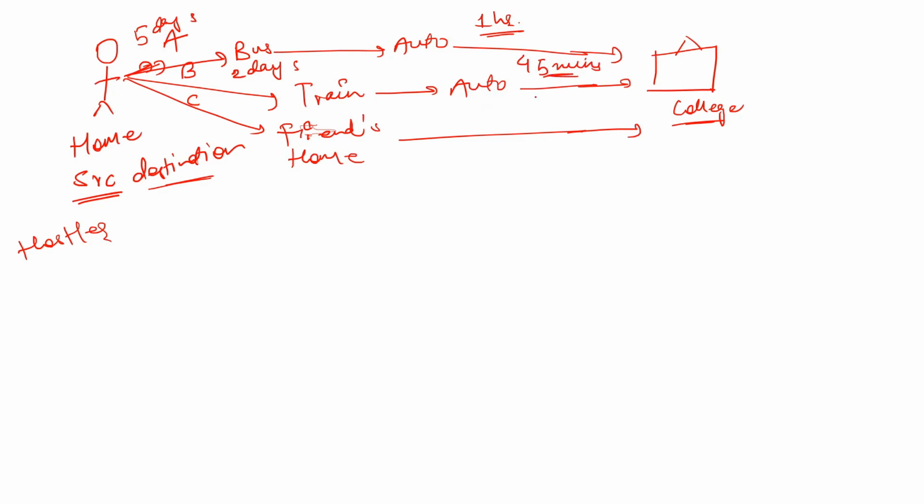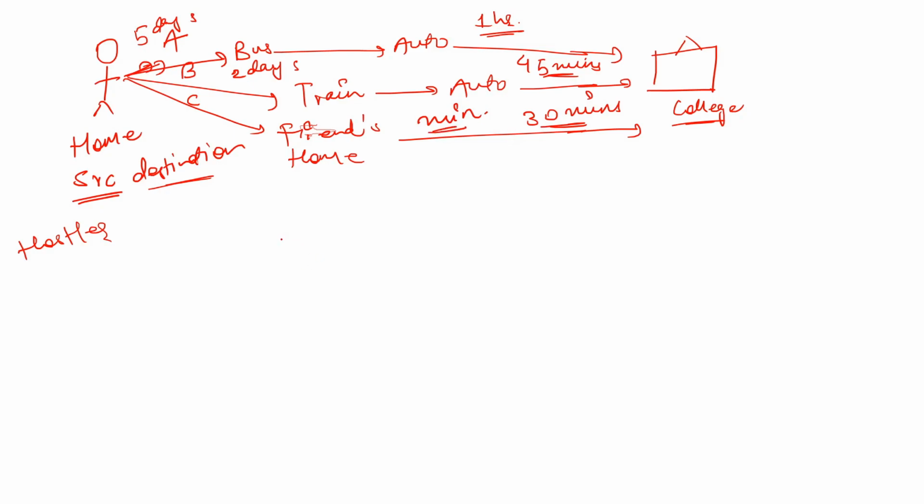And with this approach, you learned that it takes only 30 minutes. So now this scenario is fed into your brain. You get to know that approach C, when you go to your friend's home and pool a bike with him, takes 30 minutes to reach your college. So now your mind is trained that approach C takes the minimum time.